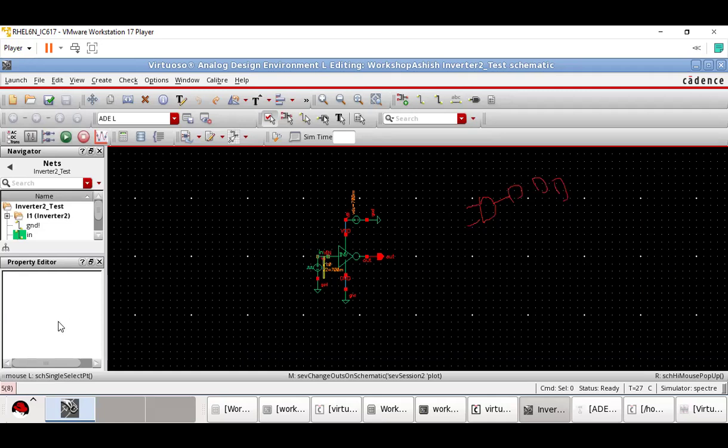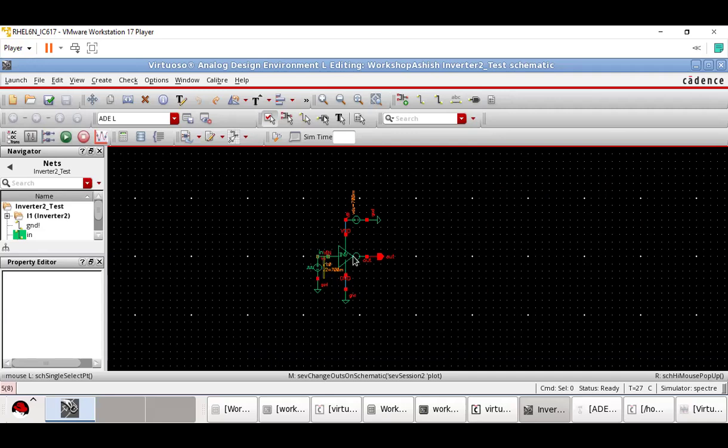For inverter, we will create the fan out of 4 circuit. Fan out of 4 means I want to create a circuit like this. One inverter driving 3 more inverters. This is fan out of 4. How will I create it? It is very easy, because now I know how to use the symbol.